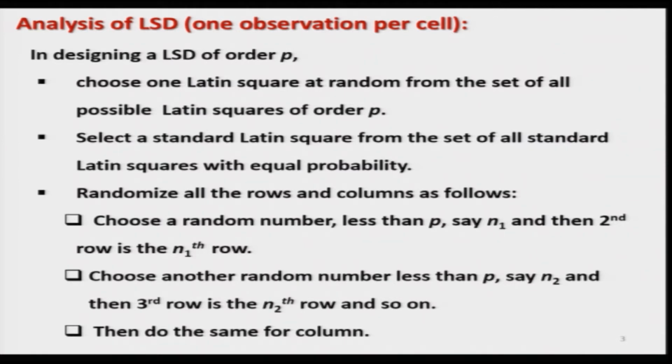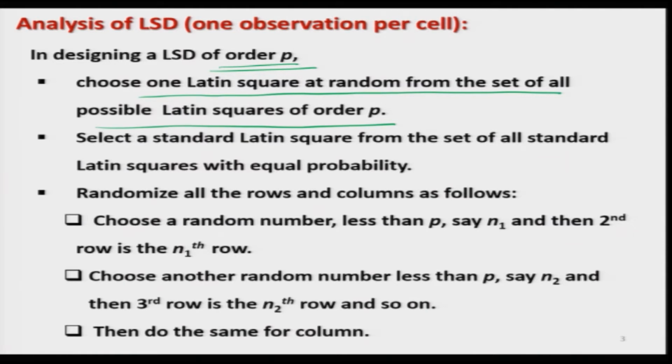So, in case we are trying to consider a Latin square design of order p, what we try to do is choose one Latin square at random from the set of all possible Latin squares of order p, right. Now, you had seen in the last lecture that given a Latin square, you can always create more than one Latin square. So, you can choose any one of them.